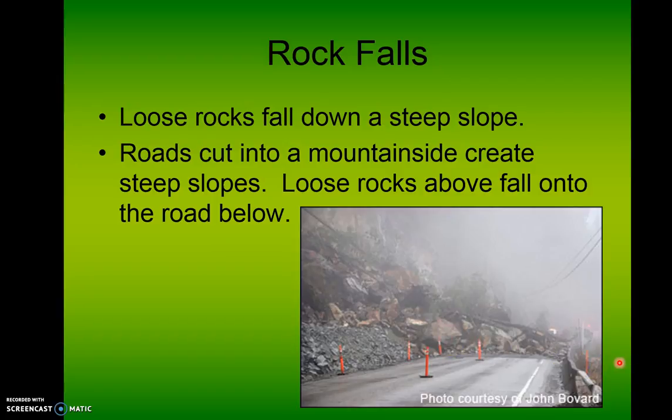So people who design roads have to take care to make sure that they don't cut too steep into the roadway because they don't want that angle of repose to become too steep. In certain cases where they know they're going to have loose rocks up on the hill, they'll have netting on the side of the road to try to catch whatever rocks fall down so that they don't come across the road like what you see here.